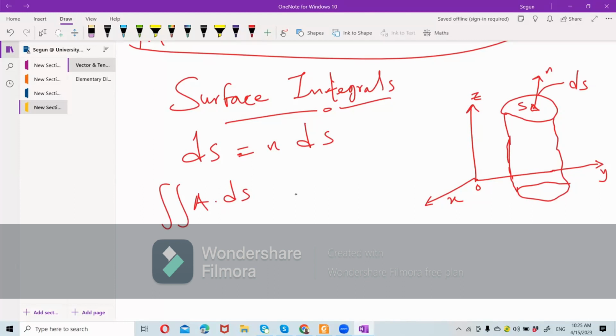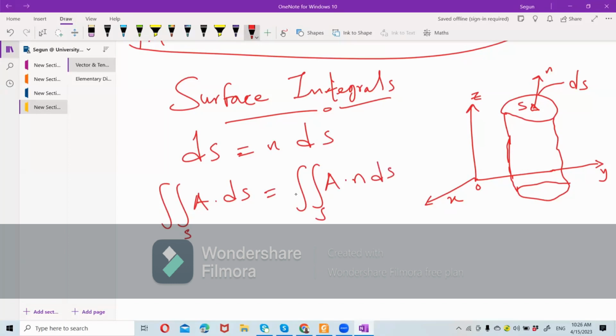Any question? No question. Sir, what is written there after S? Which one? At the top of the object, sir. Yes, this is n.